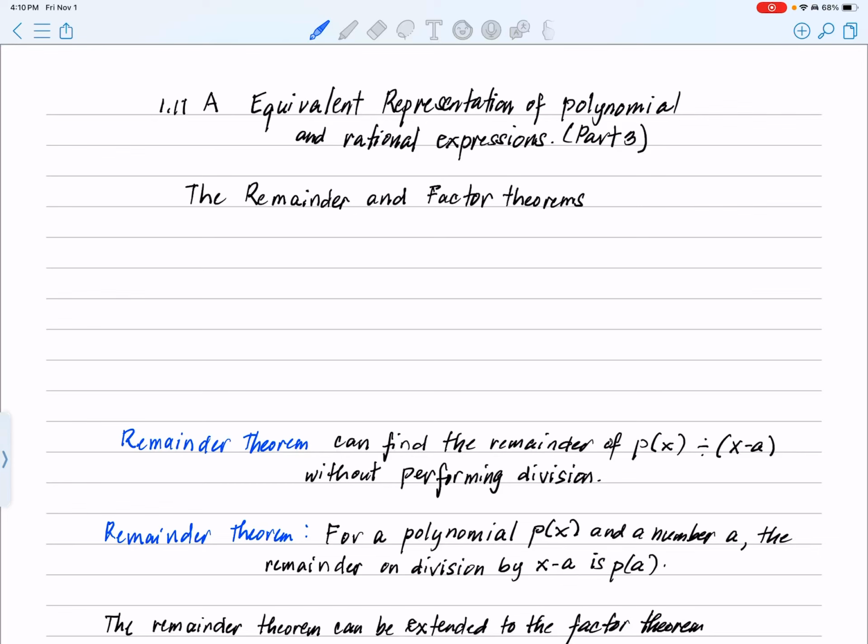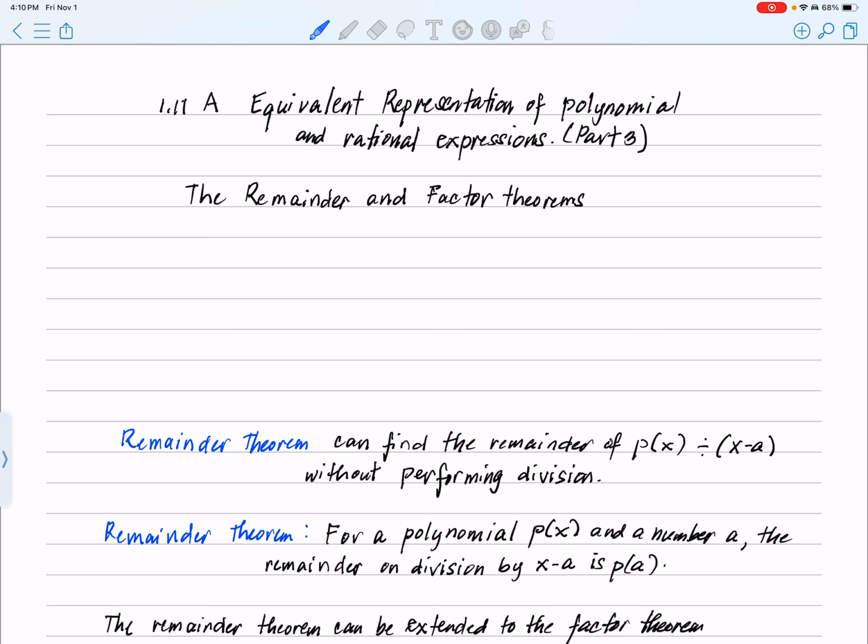Matematika. Today we're going to do part 3 of equivalent representation of polynomial and rational expression, and that is the remainder and factor theorems.